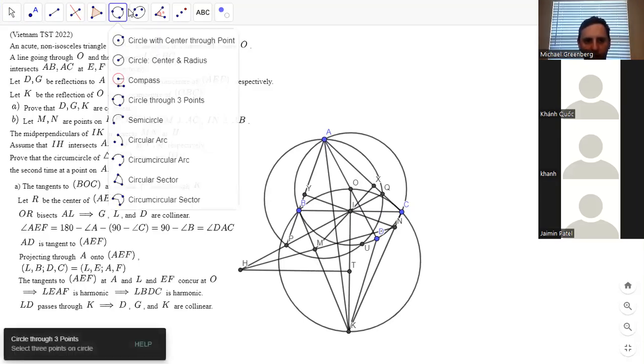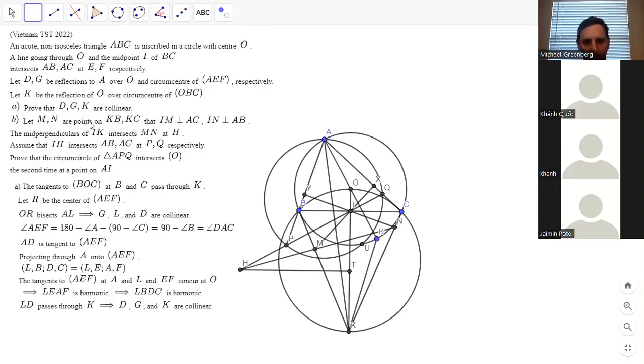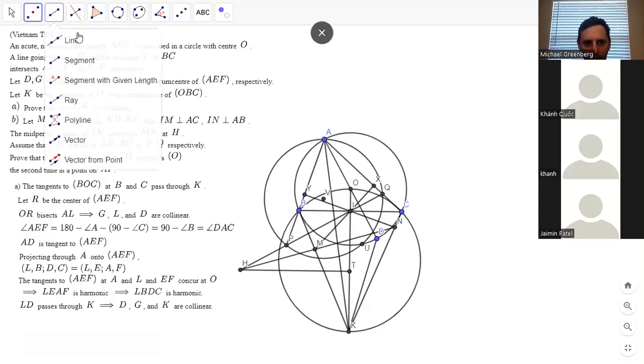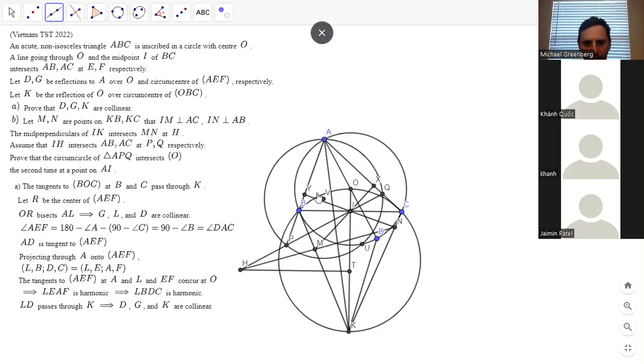Let me see if we can find the center of that circle. Is there anything special about that? It almost looks like AV is perpendicular to BC, although I'm not sure if that's true.